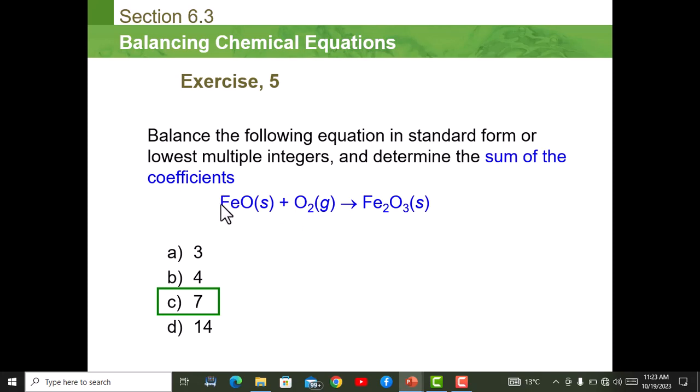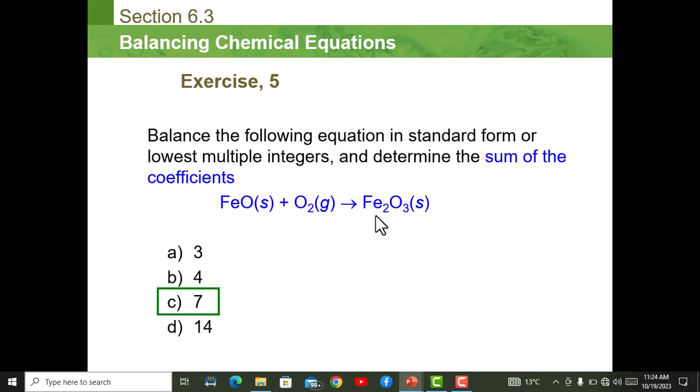And when I put a 2 here, I can put a 2 there, then it is balanced. Sorry, not 2. Remember, if I put a 2 here, I will have a 4. So if I have a 4 here, let me put a 4 here. So I will have 4 Fe and 4 Fe.